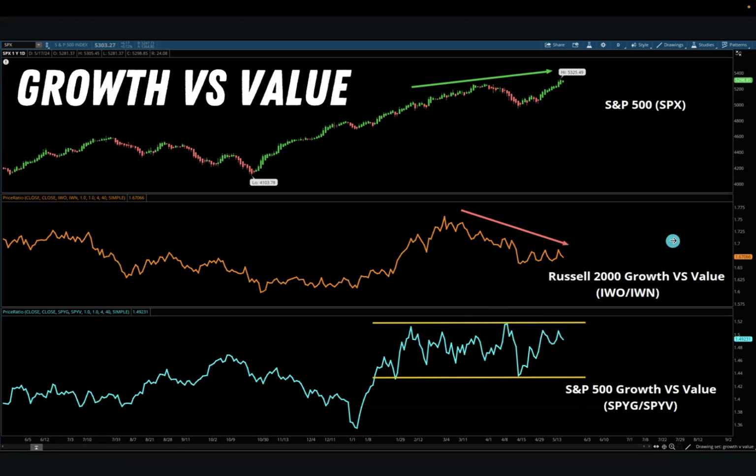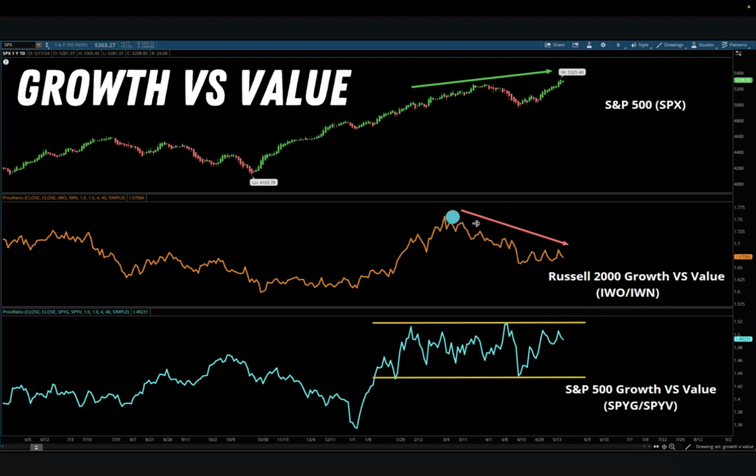So, if you're monitoring this, right, and you're looking back in March of 2024 when this peaked, you're starting to notice, well, hey, if I'm investing in Russell 2000 growth stocks via the IWO, for instance, it's not really working for me, and it hasn't been working for months and months.